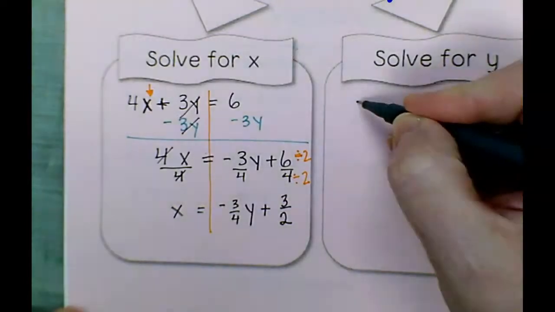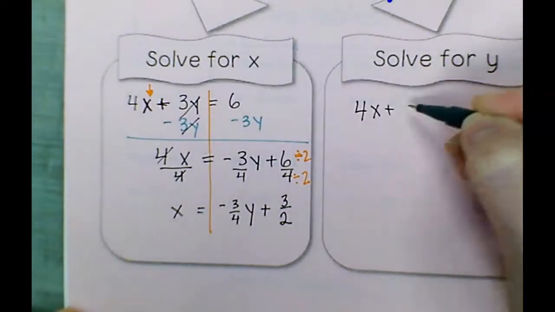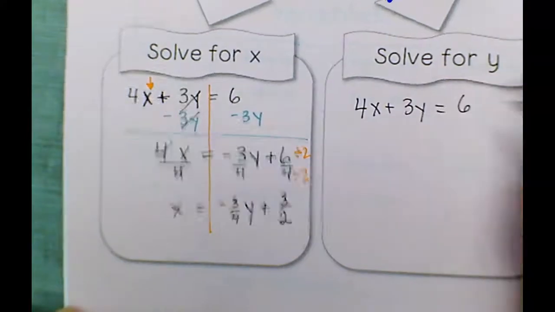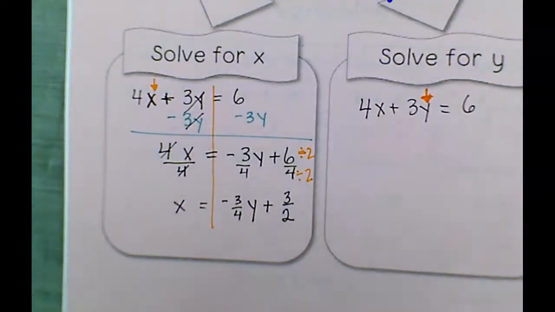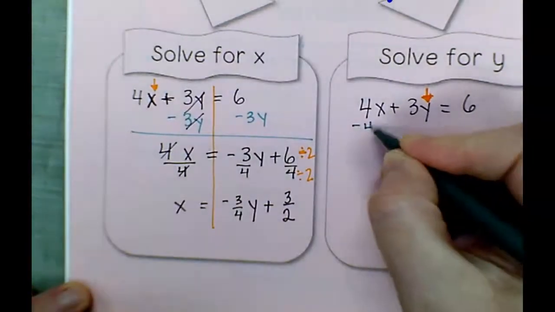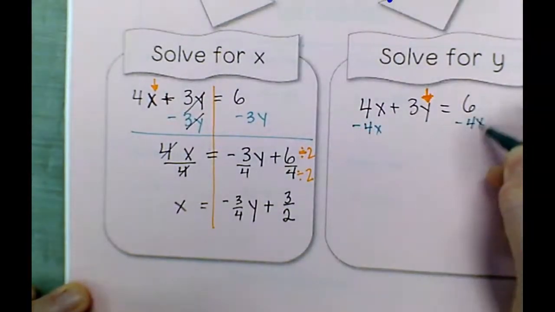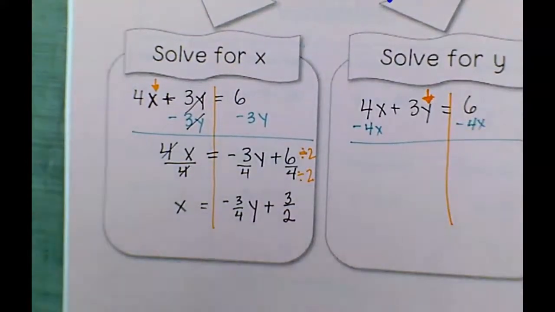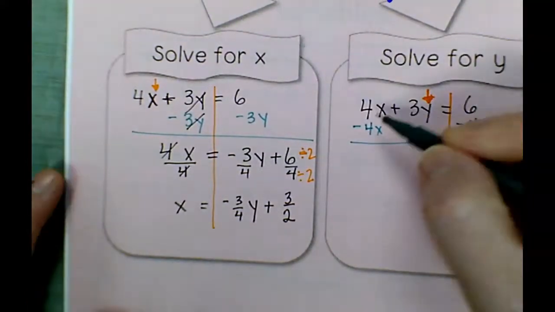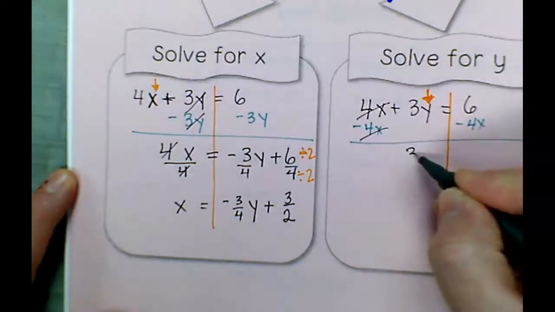It's going to be a little bit easier to solve this equation for y. If we're going to solve it for y, we need y by itself. We need to get this on the other side of the equal sign. So that will cancel this out.